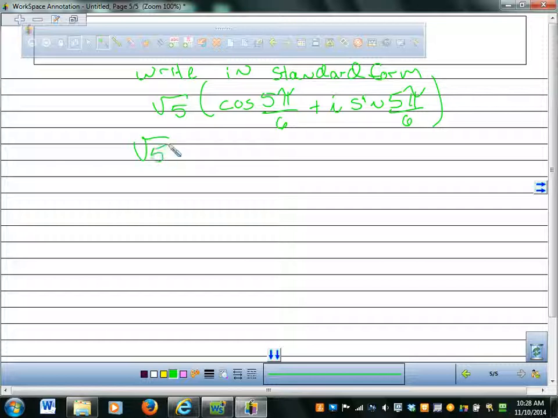Since I'm in a rush, I'm going to tell you that the cosine of 5 pi over 6 is negative root of 3 over 2, and the sine of 5 pi over 6 is positive 1/2. So when I simplify this, I get negative root of 15 over 2 plus i root of 5 over 2.